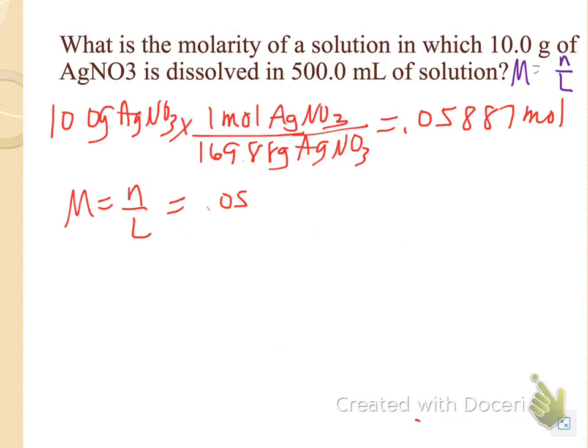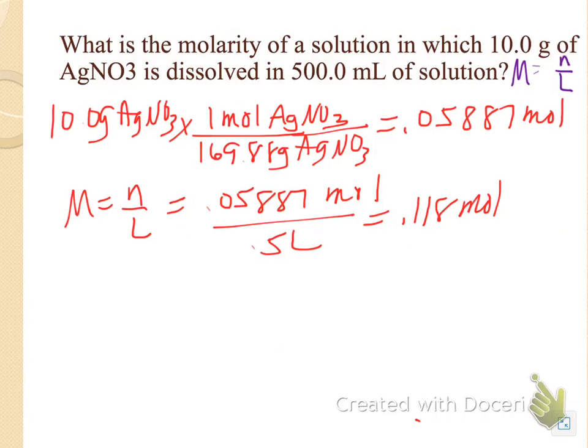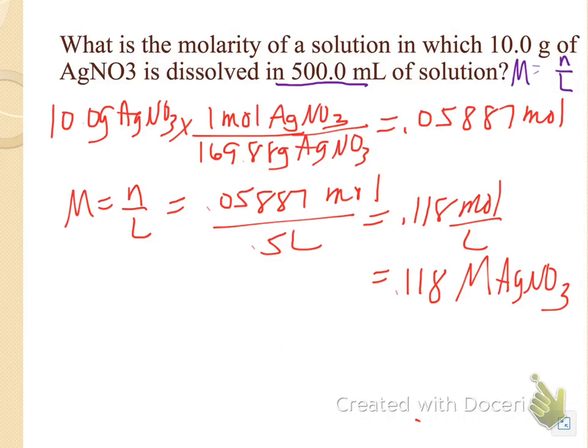So my molarity is my moles over my liters. I have my moles, my liters are 0.5. Now that's something you should be able to do in your head at this point. 500 milliliters is a half a liter, right? Because there's 1,000 milliliters in a liter. Okay. So I get 0.118 moles per liter, which is the same thing as saying 0.118 molar silver nitrate.